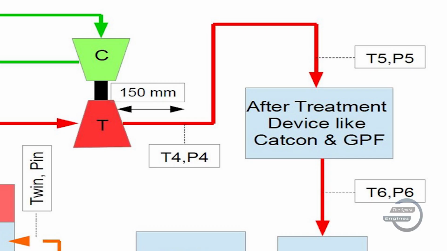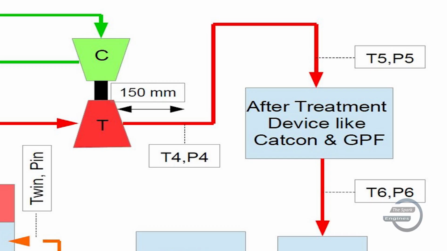After the turbocharger, exhaust gas treatment devices are installed, like the catalytic converter and the gasoline particulate filter or GPF. We need to capture temperature and pressure before EGT, that is T5 and P5, and after EGT also, which is T6 and P6.